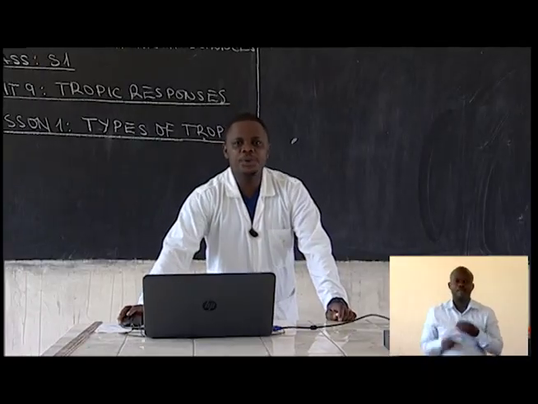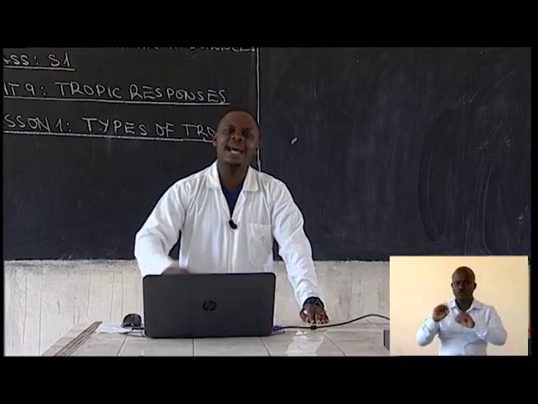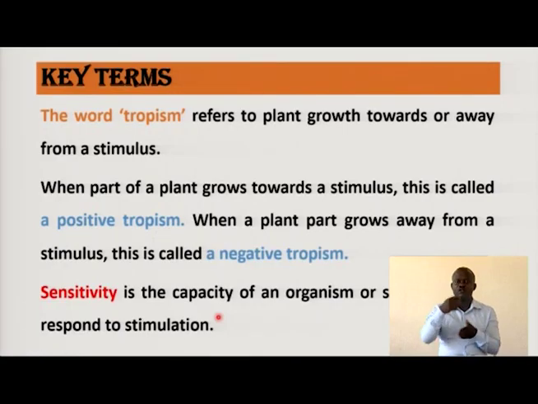Let us go through key terms, important terms, before we start describing different types of tropism. Dear students, what do you understand when biology teacher or your classmate or any other person talks about the term tropism? Tropism refers to plant growth towards or away from a stimulus.